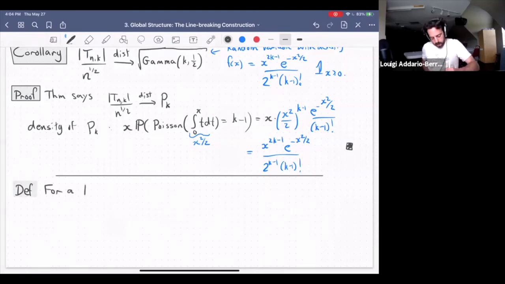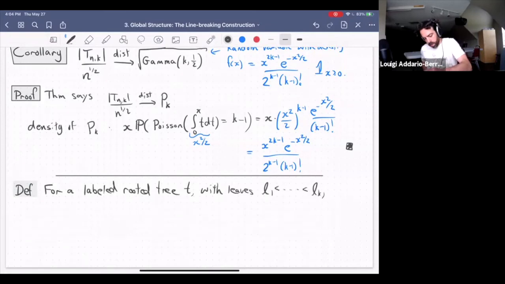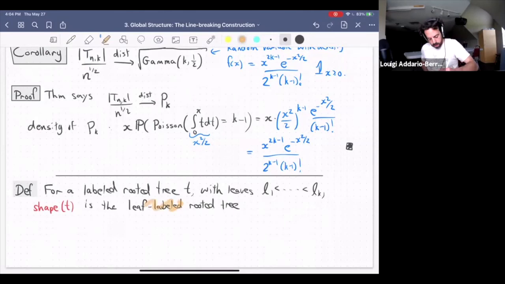So if I'm given a labeled rooted tree, with leaves in increasing order L1 up to LK, then the thing I'll call the shape of T is going to be a leaf labeled rooted tree, which we build in the following way.